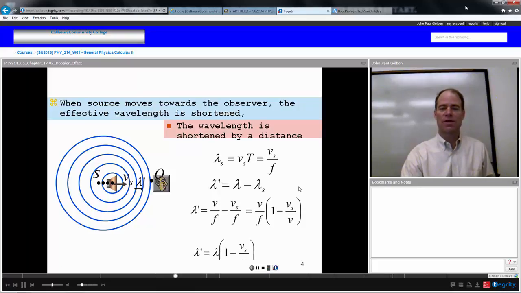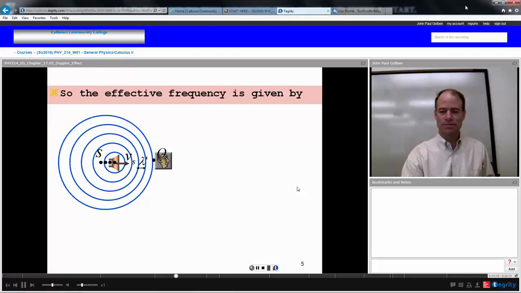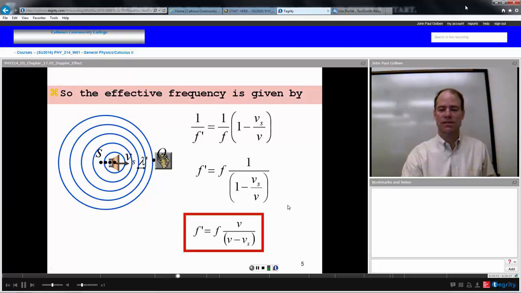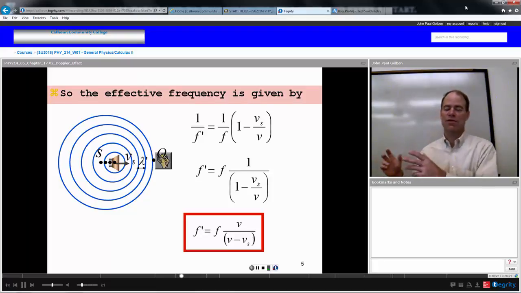With a little bit of algebra, we can solve for the observed frequency under these conditions, and we have that the observed frequency is equal to the actual frequency of the source times the velocity of sound divided by the velocity of sound minus this correction for the velocity of the source.